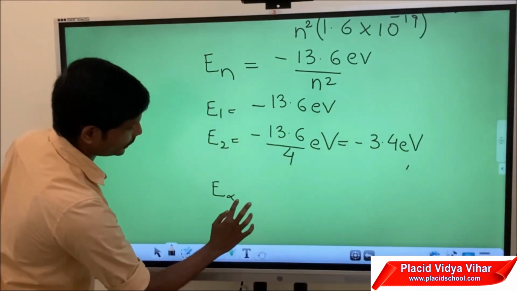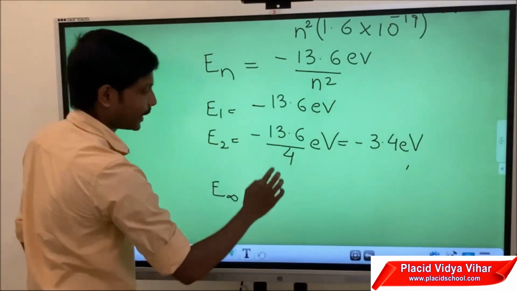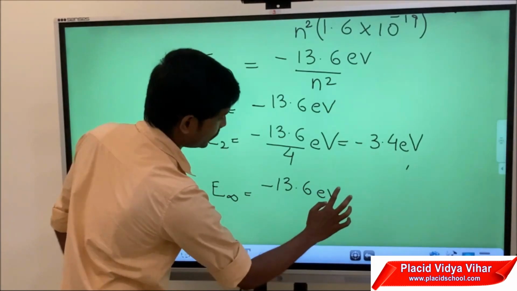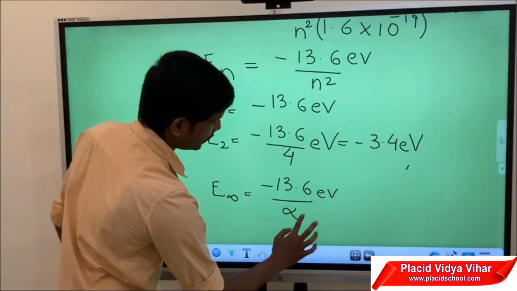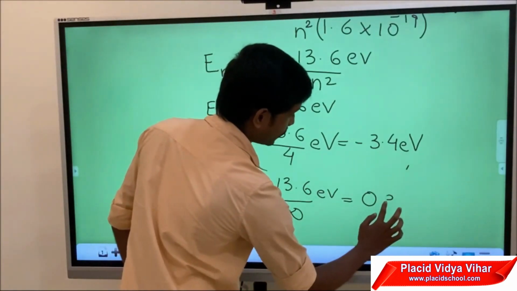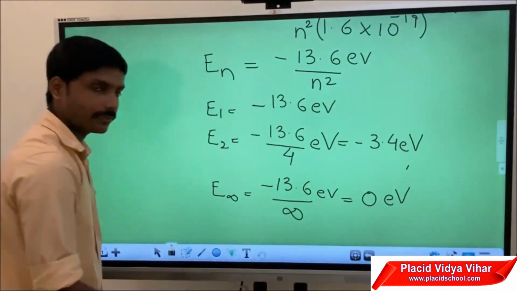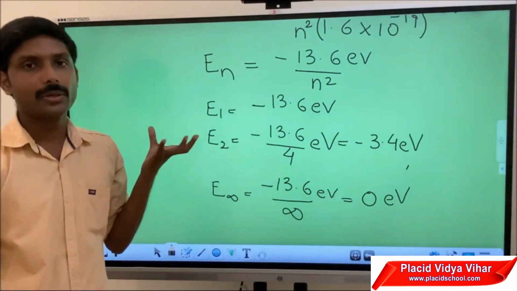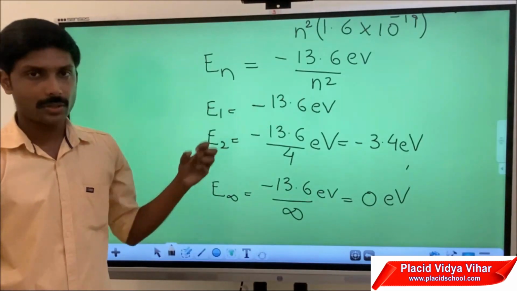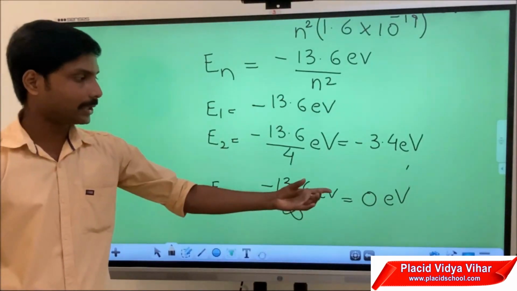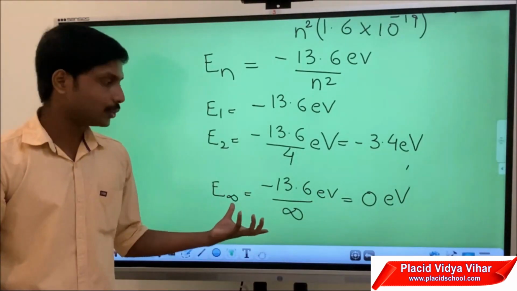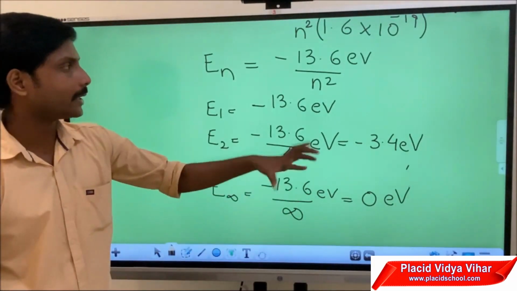E infinity equals minus 13.6 electron volts by infinity, which will be equal to 0 electron volts. So we don't need to supply any energy to the electron to pull it away from the atom if it is at an infinite distance from the nucleus. This is very evident.